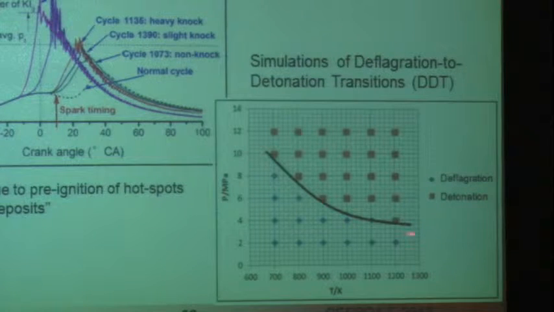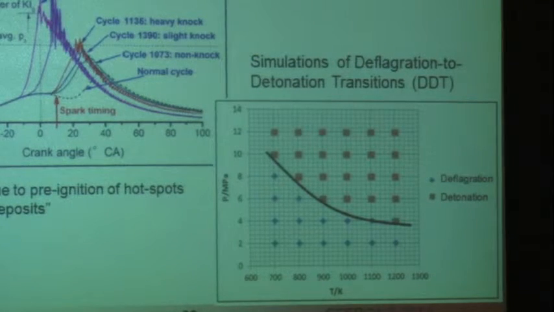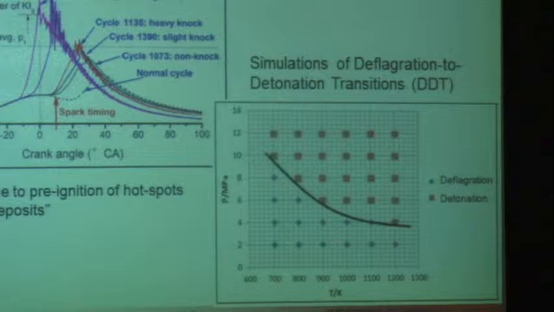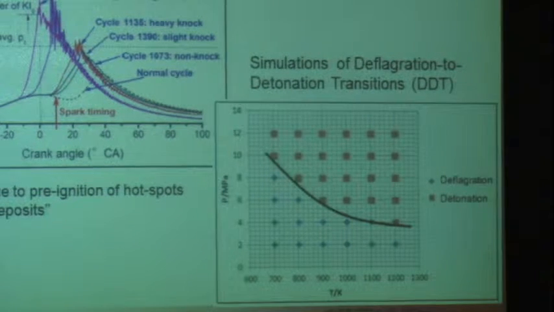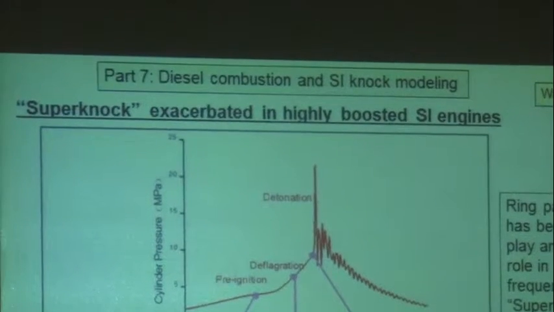And so they used this boundary to give a hint as to what the conditions would have to be in the combustion chamber in order to undergo a transition from your turbulent flame propagation to a detonation, which might lead to this effect.